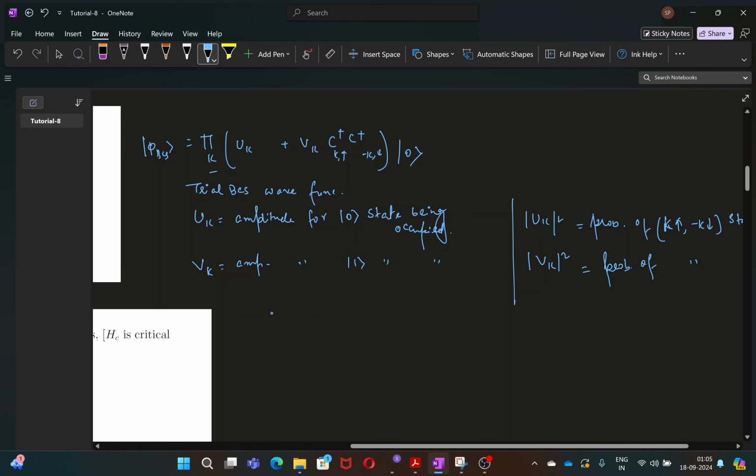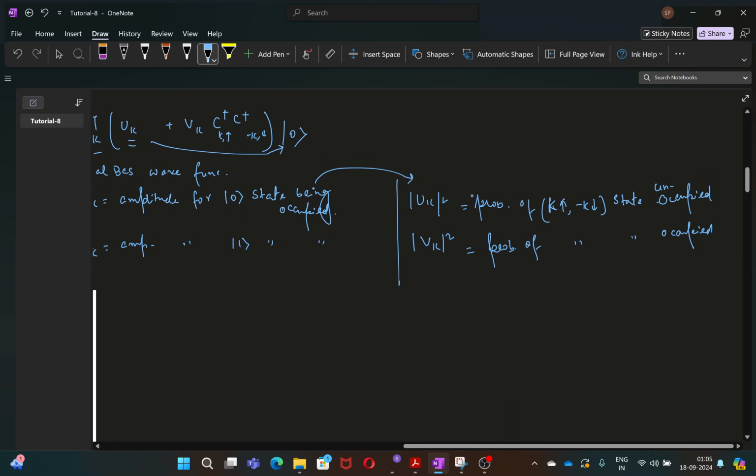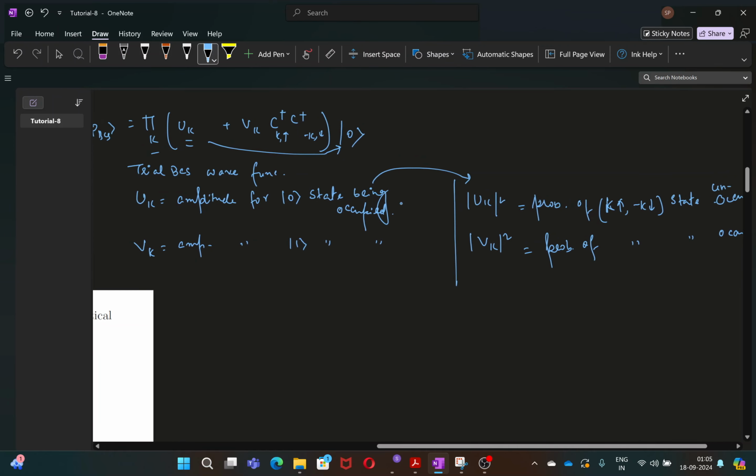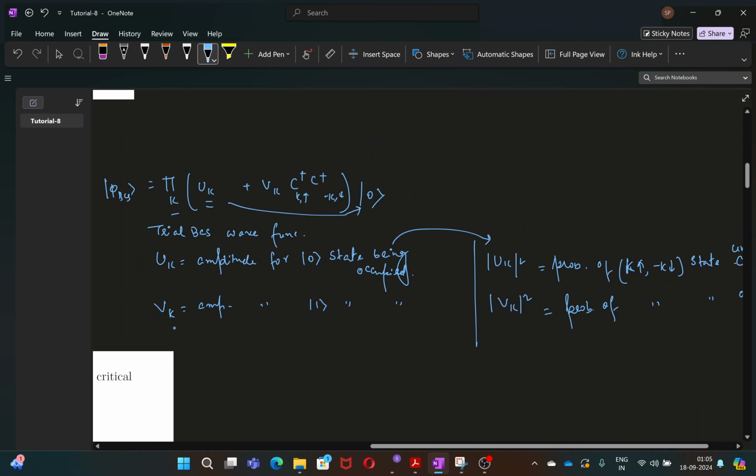Similarly, because uk is the coefficient corresponding to the 0 state, that means it is the empty state. So uk represents the probability of the state k, minus k being empty. And because vk is the amplitude coefficient for the second term, take this operator: this is not the annihilation operator, this is the creation operator.